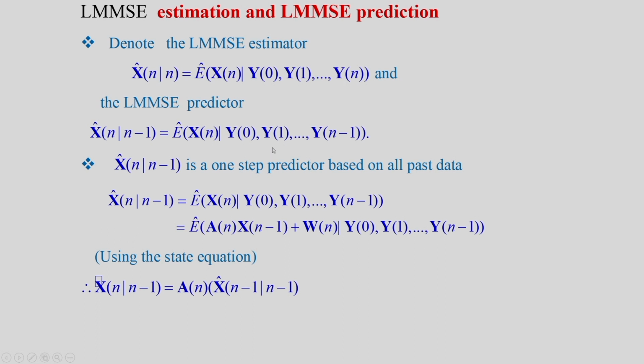Now, E hat of xn minus 1 given y0, y1 up to yn minus 1 is the LMMSE estimation of xn minus 1 given data up to n minus 1, so it is x hat n minus 1 given n minus 1. Therefore, x hat n given n minus 1 is an times x hat n minus 1 given n minus 1. So, this prediction is related to the previous estimation by an times the previous estimation.